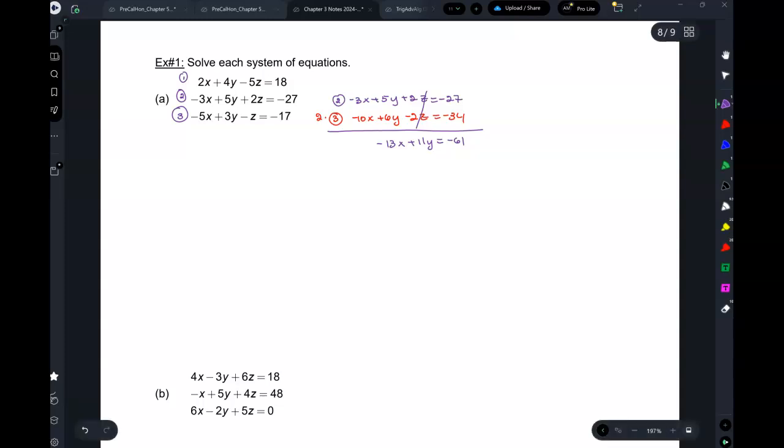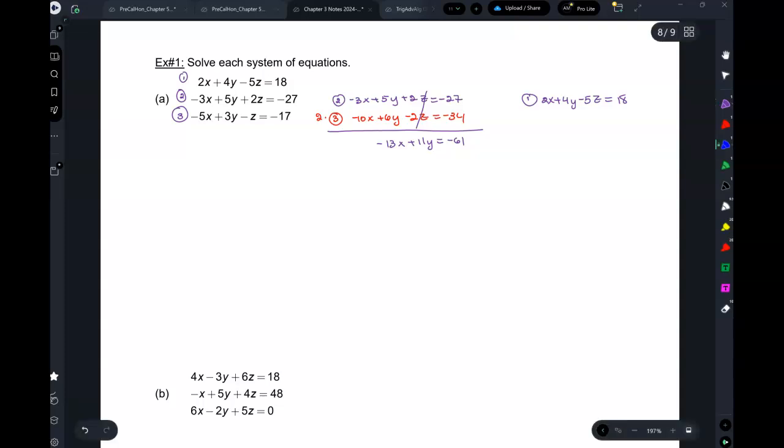Okay, now I need another pair to get rid of the z's again. I used 2 and 3. I can't use 2 and 3 again, but I could use 1 and 3 or 1 and 2. Okay, so why don't we use 1 and 3. So equation 1, let me write it: 2x plus 4y minus 5z equals 18.